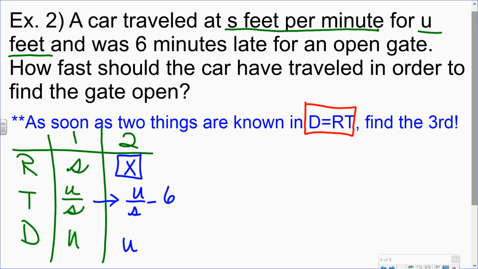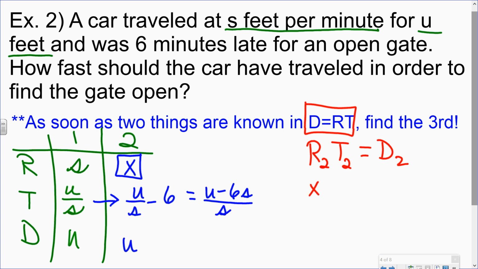Now, one of the tricks on these is never leave that as a subtraction expression. Change it to one fraction, not 2 separate pieces. So common denominator, I could say that is U minus 6S over S. Now I need to make column 2 be true so that R2 times T2 equals D2.